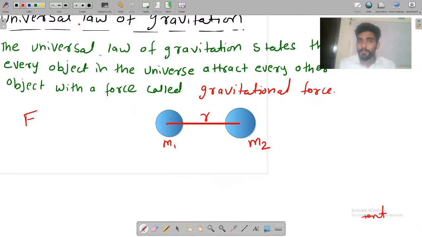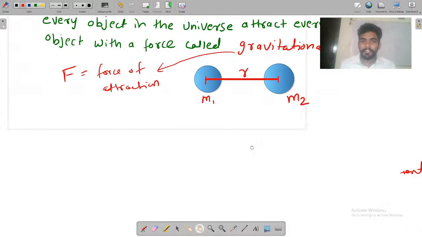I am assuming these two masses are spherical, so I will take the distance from the centers. The force between these two bodies will be an attractive force, because two bodies always attract each other. F is the force of attraction, which you can say is the gravitational force.